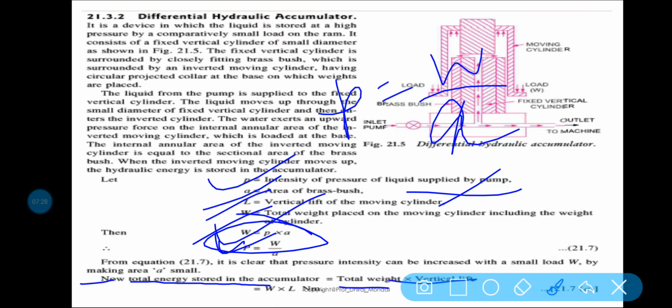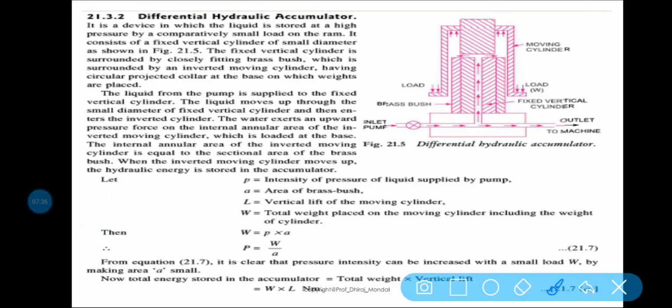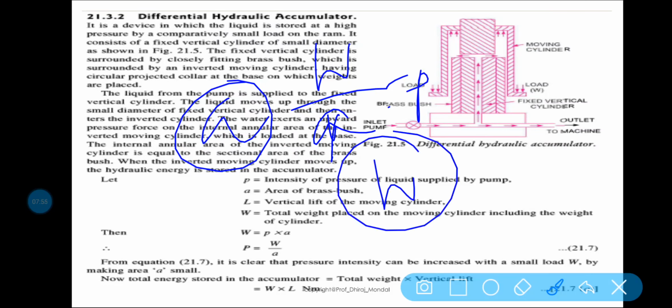Again I am telling you, p is equal to W by A. I think there is no confusion here, because this weight is lifted, and the area of the bush is small a. So W by A, force per unit area, is your pressure. It is very clear that pressure intensity can be increased with a small load W by making area A small.